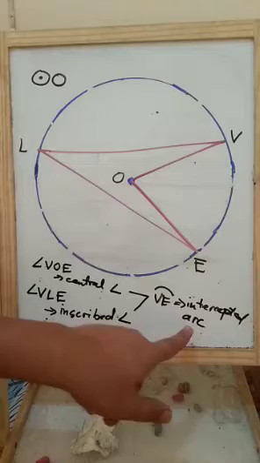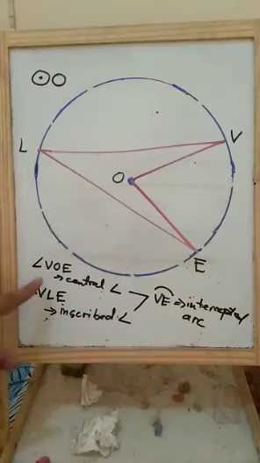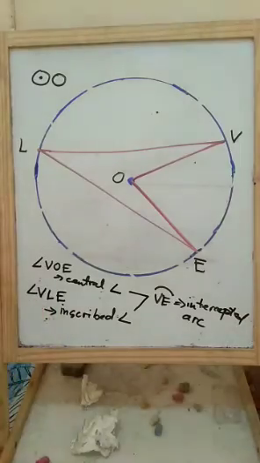So, parehas siya. Intercepted arc siya ni central angle VOE at ni inscribed angle VLE.